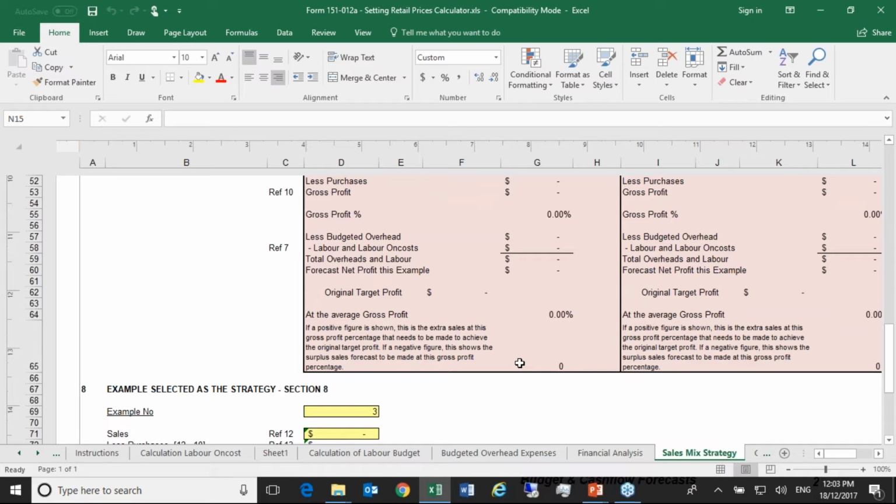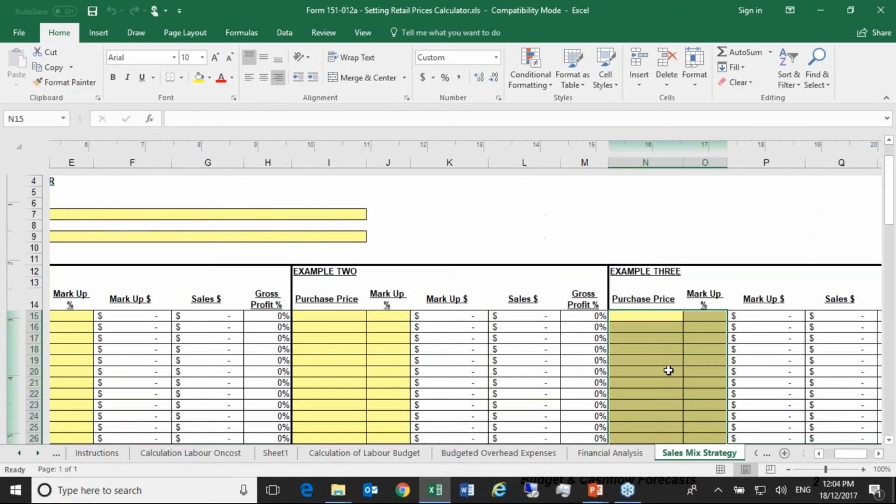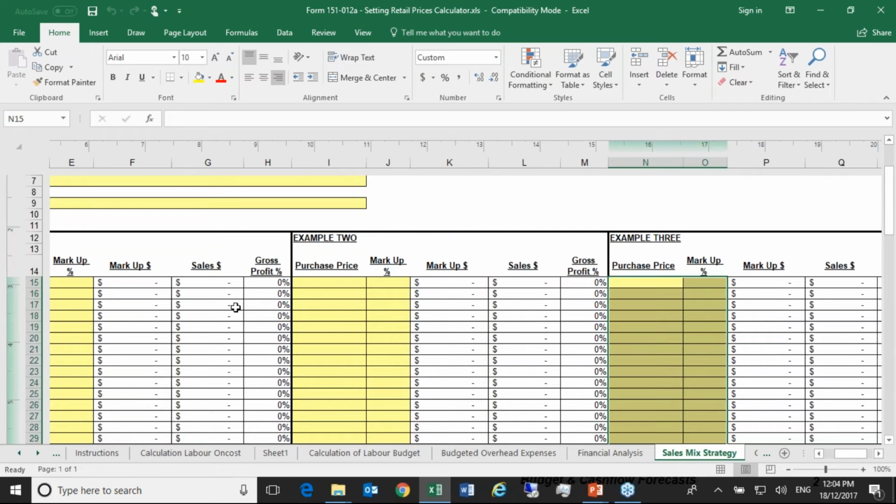So it enables you to undertake some what-if analysis for the benefit of your client. Then you can show what the changes would be if some subtle changes were made to things like the composition of the purchases that are going to be made and the markup percentages that are going to be applied.